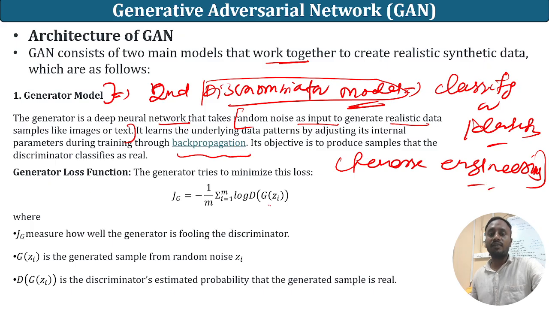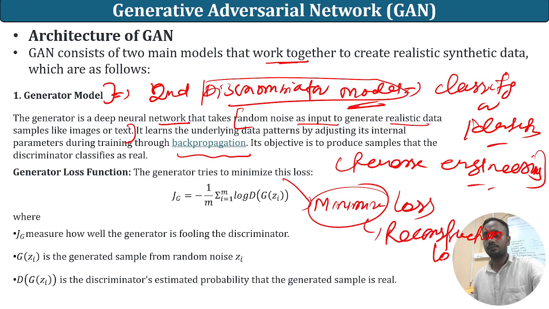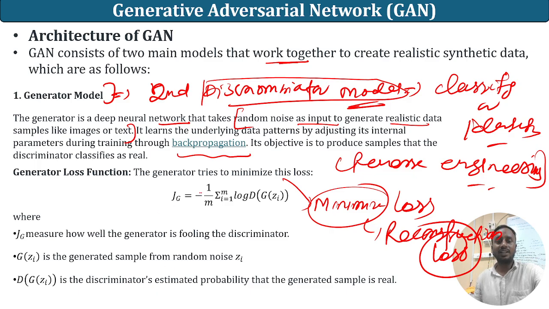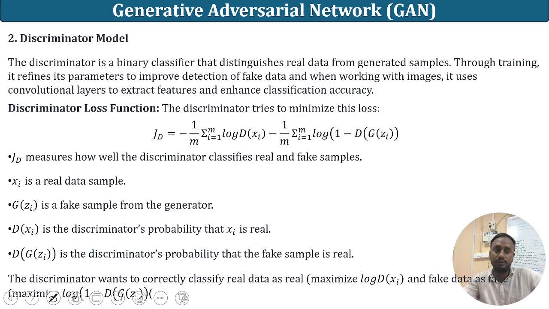What we have to do is minimize the loss, called reconstruction loss. Here it's a logarithmic function, and it's going to fool the discriminator. G generates a sample from the random noise, and D discriminates, estimating the probability that the generated sample is real or not.